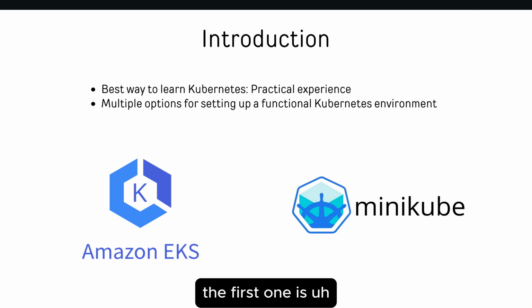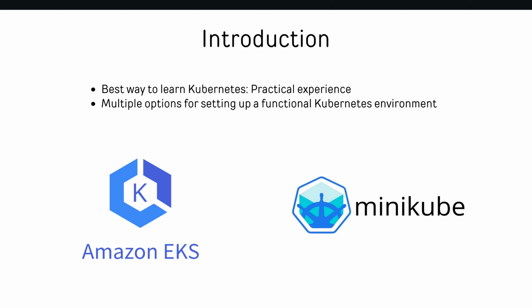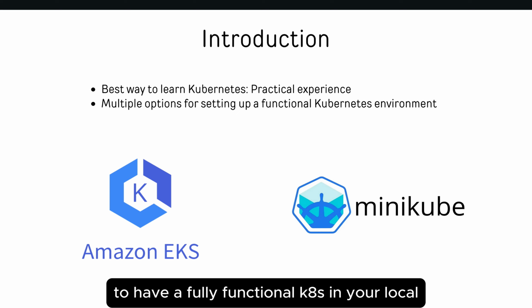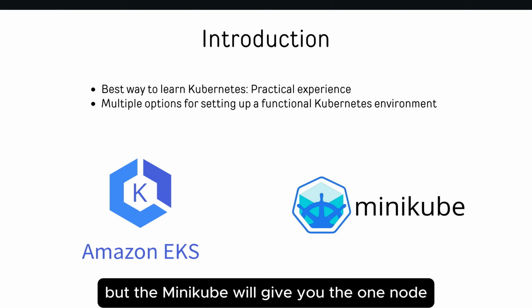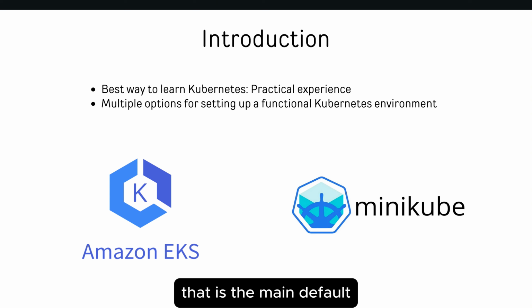The first one is managed Kubernetes services like AWS EKS, Google, DigitalOcean or Azure. Secondly, we will use Minikube, to have a fully functional Kubernetes locally, but Minikube will give you one node, a master node, for learning purposes. That is the main default.